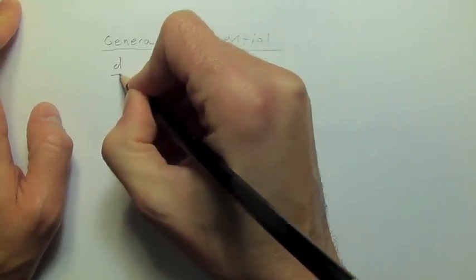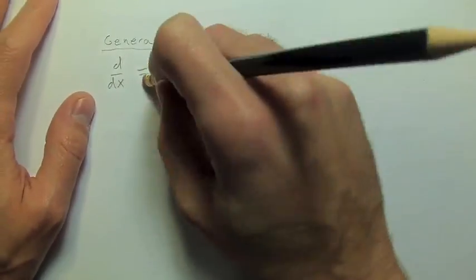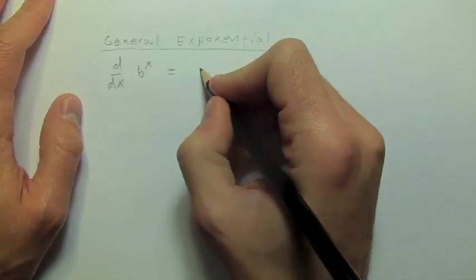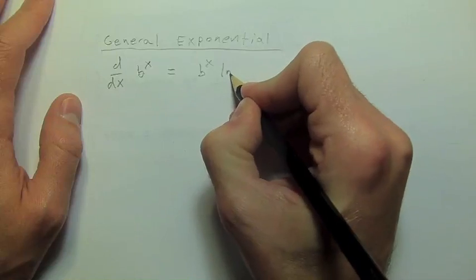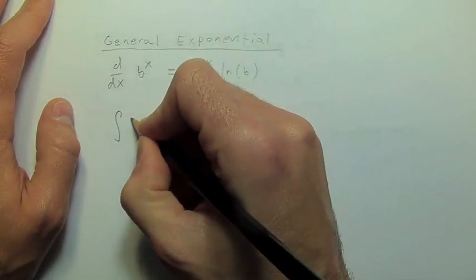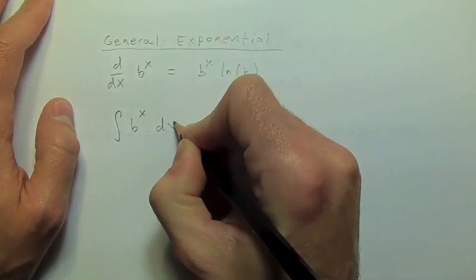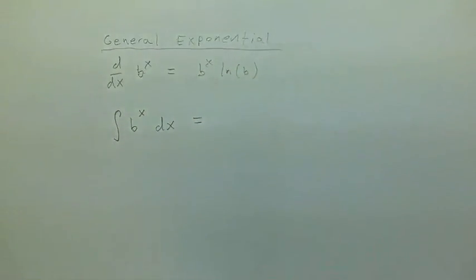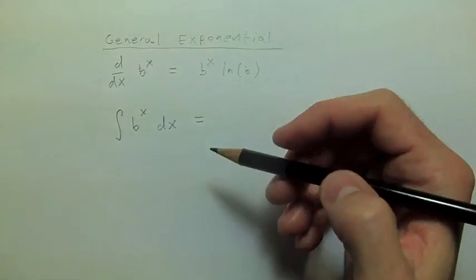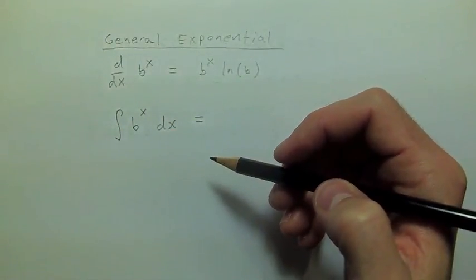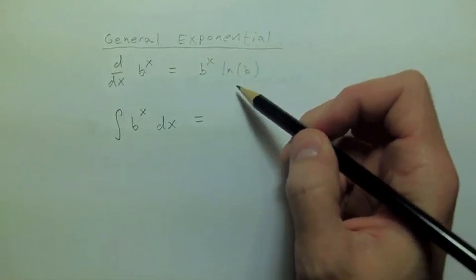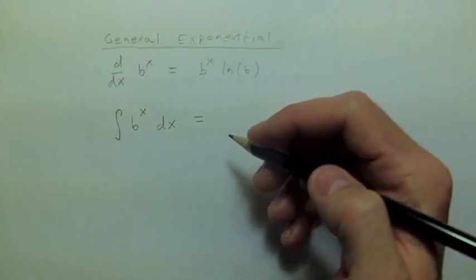If you have that the derivative with respect to x of b to the x, right? Remember how you take that derivative? It's itself times the natural log of b. Well, if I want to do the integral of b to the x dx, and I want to find something that when I differentiate it, I get b to the x, you might think the answer is b to the x, but remember, b to the x, when you differentiate, gives you an ln(b), so we need to get rid of that ln(b), right?